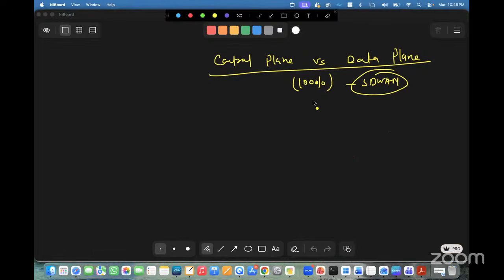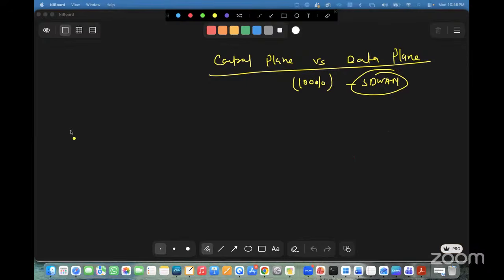So control plane has all the routing information, so we can say it is the main brain of the router. And the data plane has the forwarding information, from where to where the route will go.